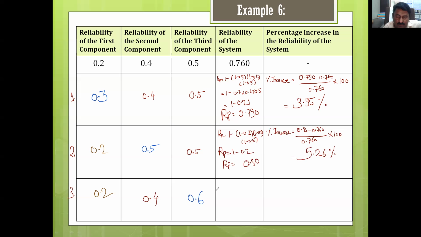Okay, so now let us move to next. Now the first 0.2 we have kept as 0.2, second 0.4 we have taken as 0.4, and third is 0.5. It is increased by 0.1 and it is becoming 0.6.